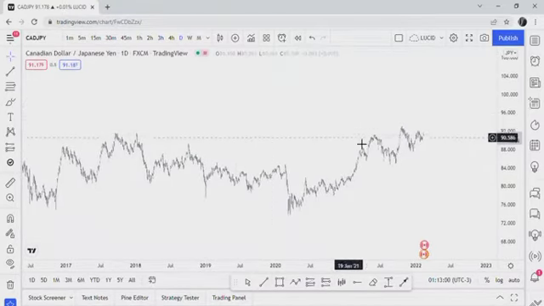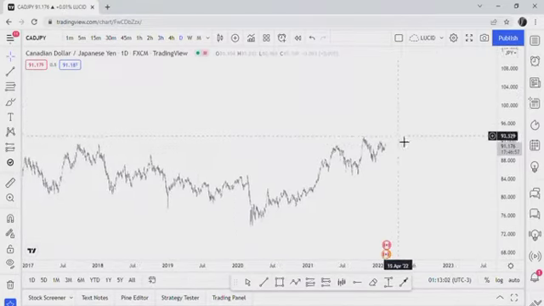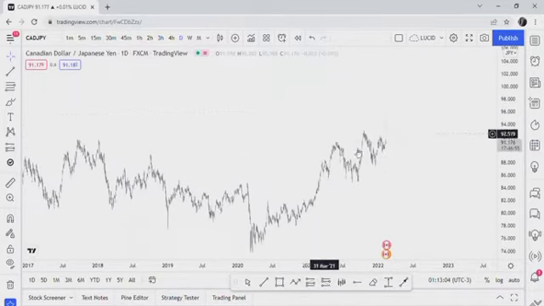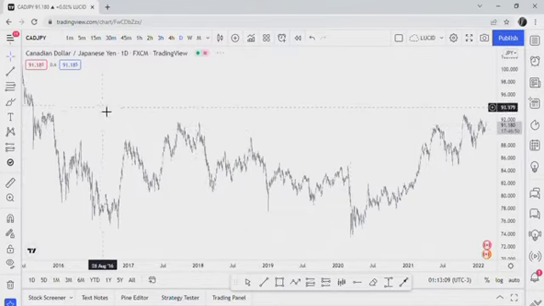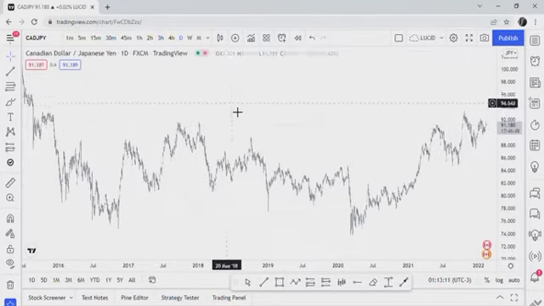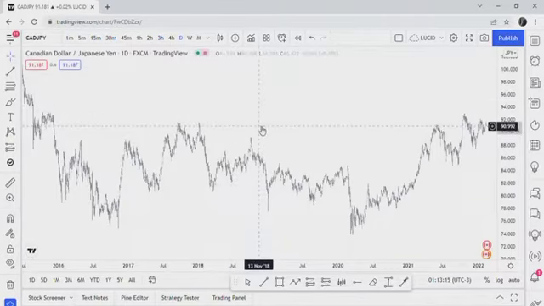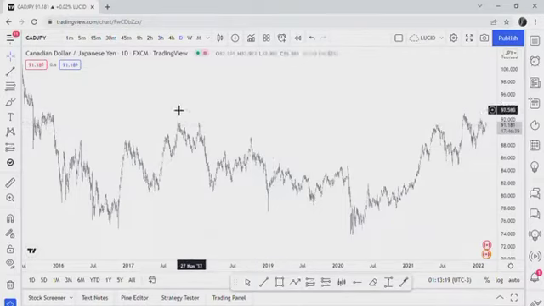So, on the last video, we talked about structure, right? The theoretical aspect of market structure. And on this video, we're going to be talking about the same market structure, but we're going to be applying it on the charts, right? We're going to be applying it on the live market.